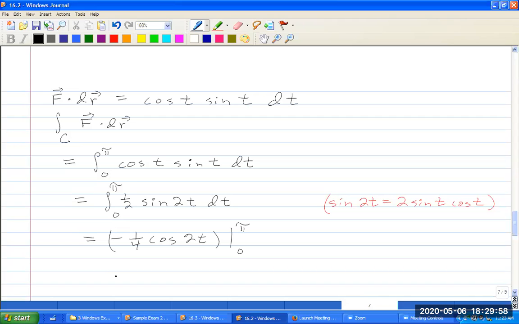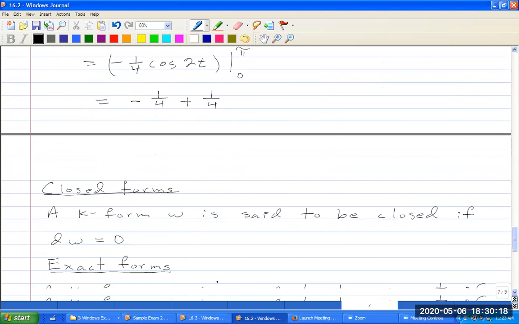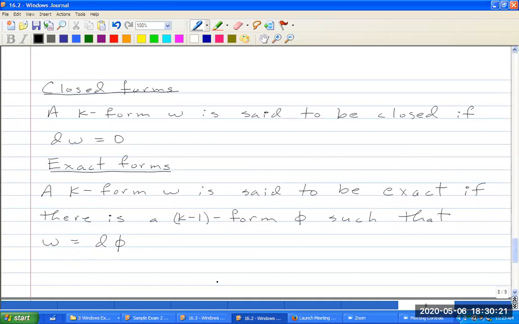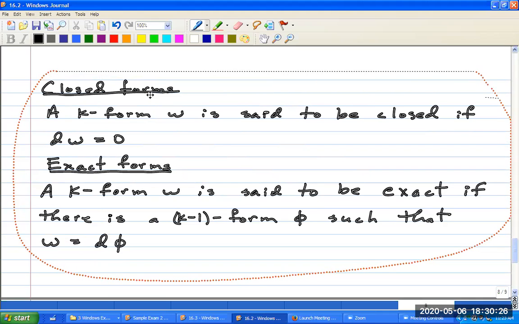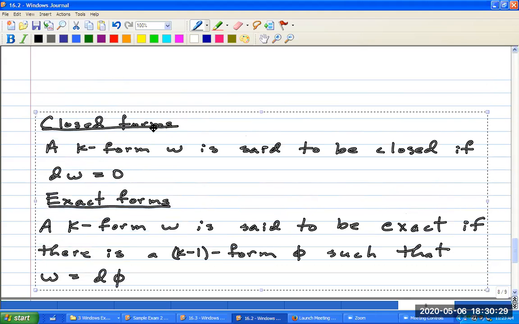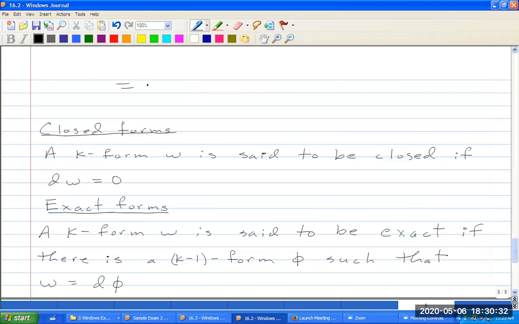So plug in pi, and you get cosine of 2 pi, which is just 1, minus the value at 0, which is again 1. And so I can then say that this is equal to 0. And so I get that this is just 0.